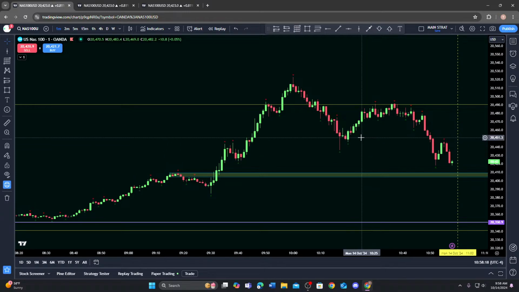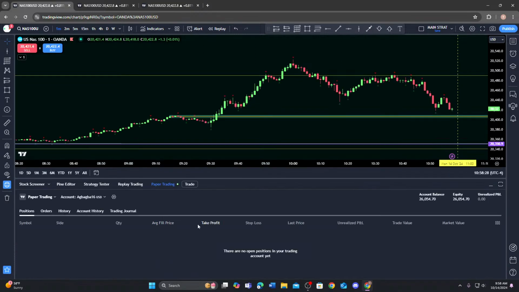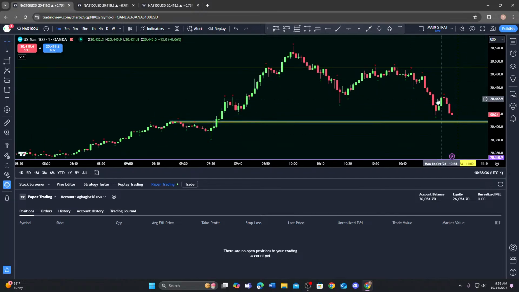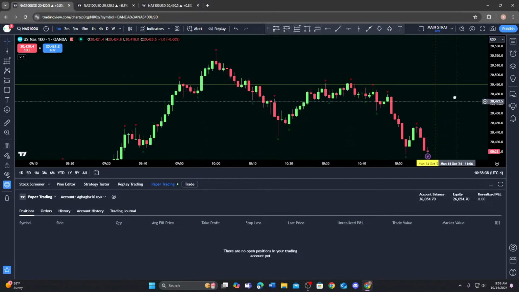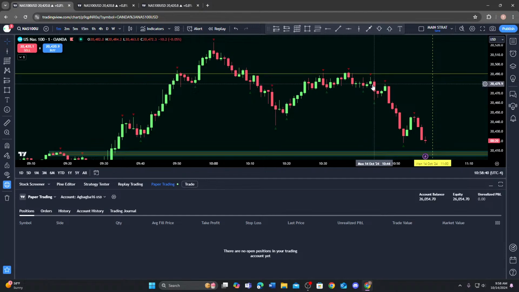the practice. I don't know what ICT calls it, but basically you just practice taking trades without having a bias, or you could have a bias, whatever, but just taking a trade on everything. For example, this order block paired with this gap, I would have taken a short trade there.